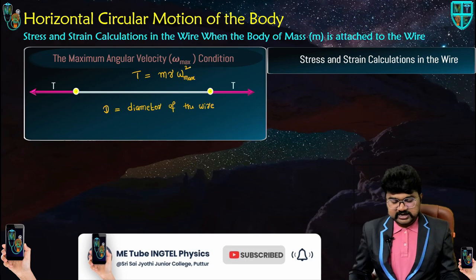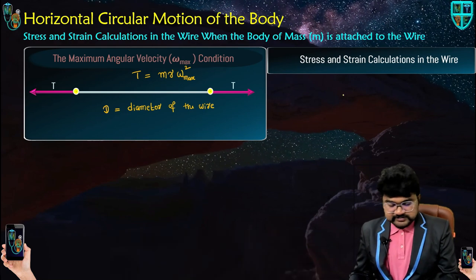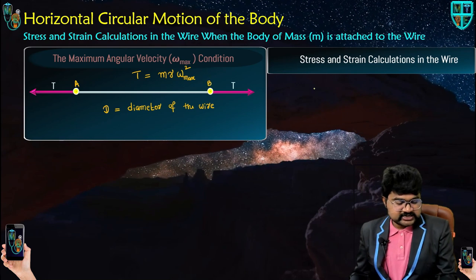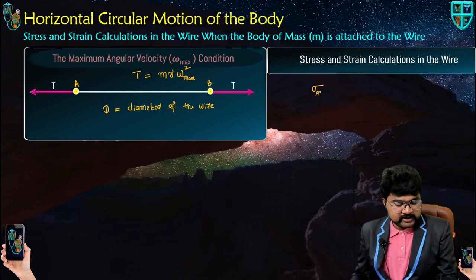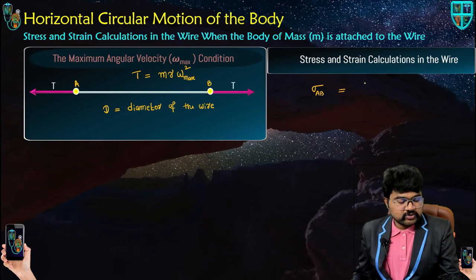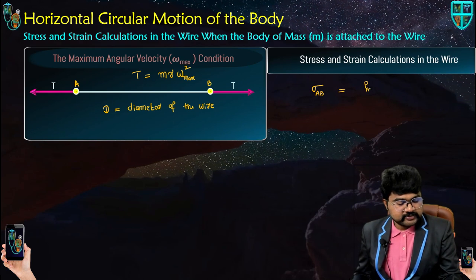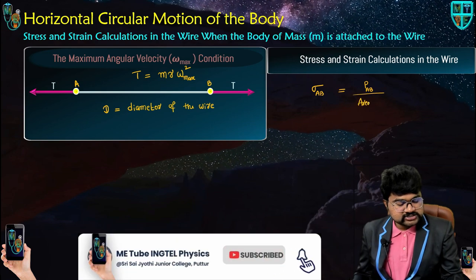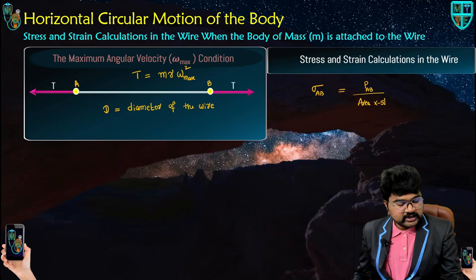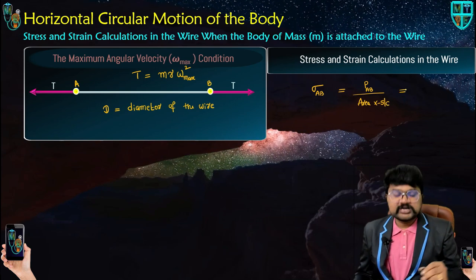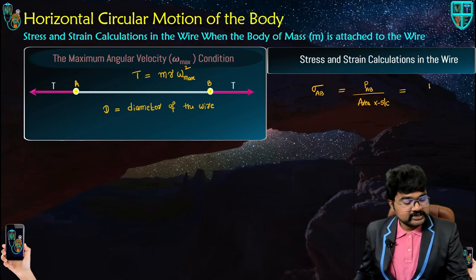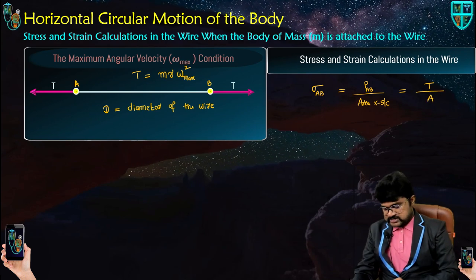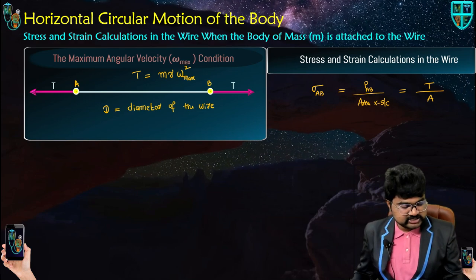This would be A, this would be B. Stress sigma AB equals the load acting on the wire by area of cross section. What is the load acting on the wire? Tension in the string by area of cross section. A is the area of cross section.